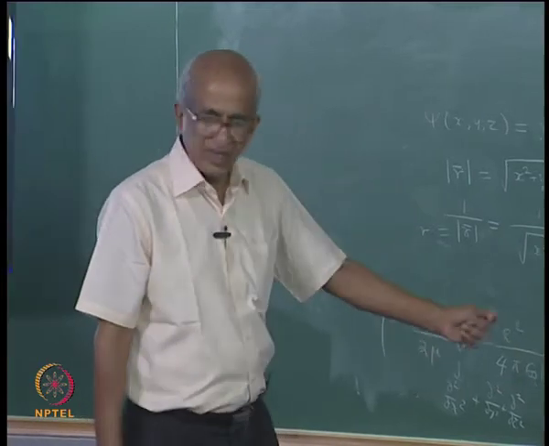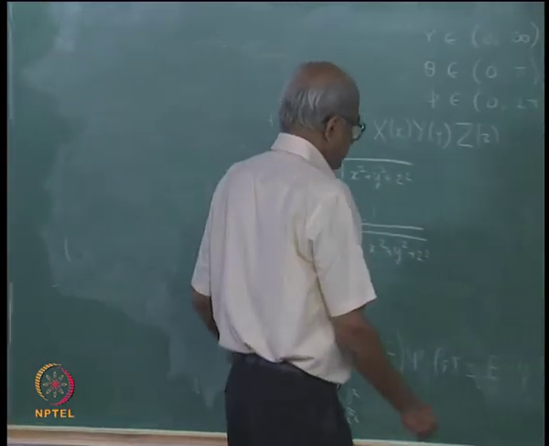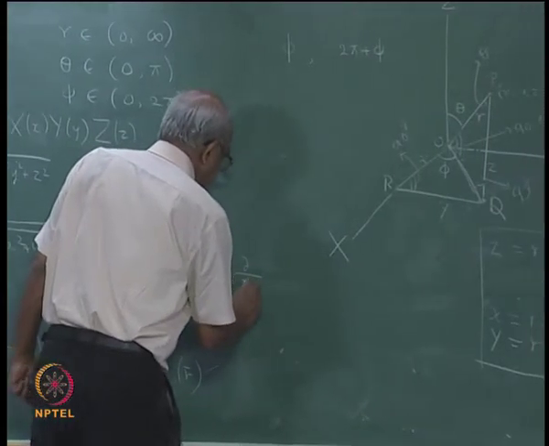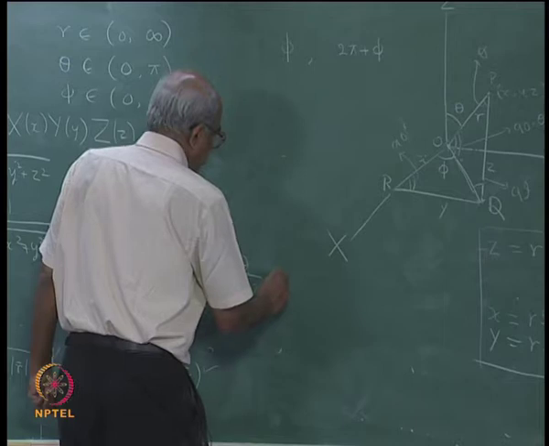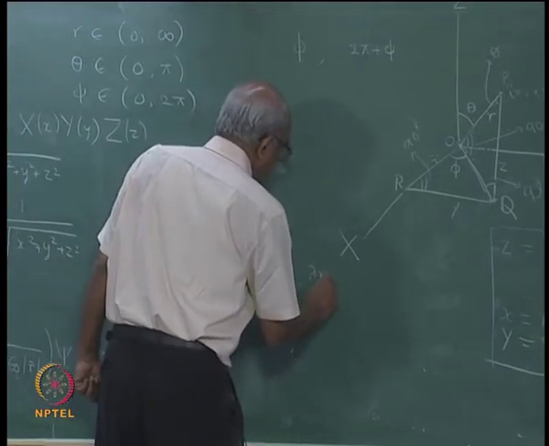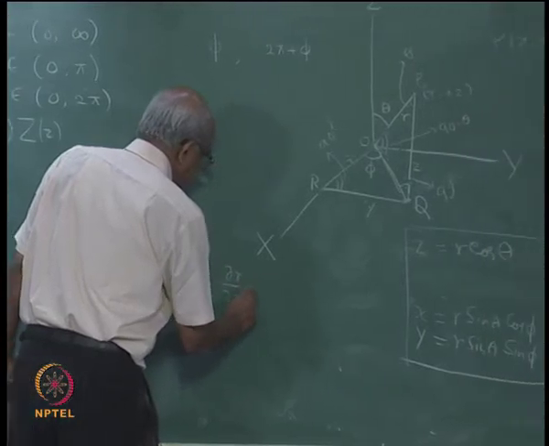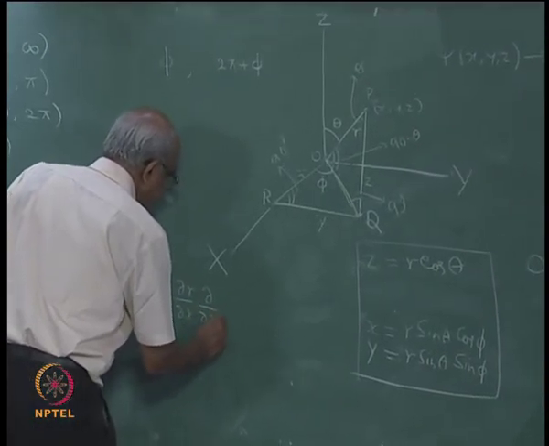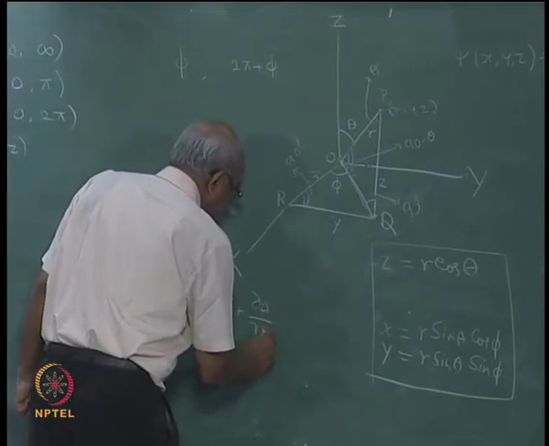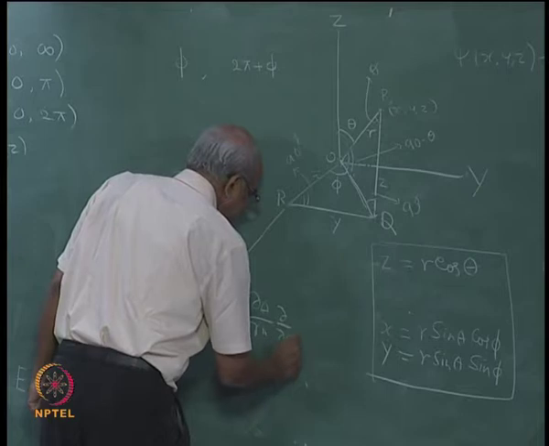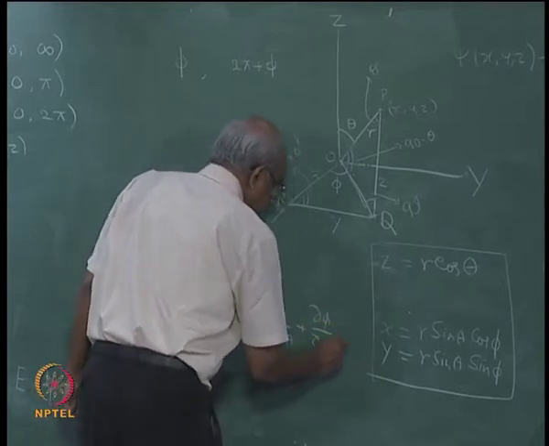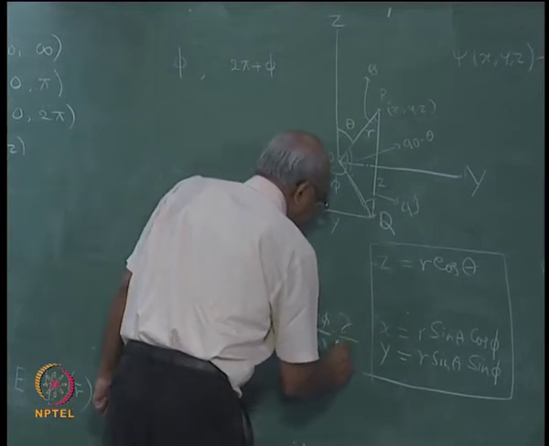Very lengthy algebra is involved here. So, I will not be doing the algebra, but let me just remind you how it may be done. You can say that dou by dou x, partial differentiation with respect to x, may be written as dou r by dou x into dou by dou r plus dou theta by dou x into dou by dou theta plus dou phi by dou x into dou by dou phi.